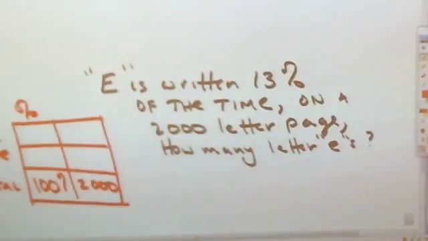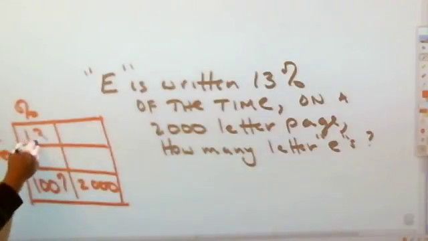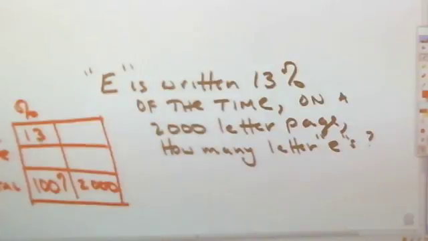What other box do I know? Parker? E is 13%. Now I can infer this one, because I know those two have to add up to 100%. So what is it, Tyler? 87.